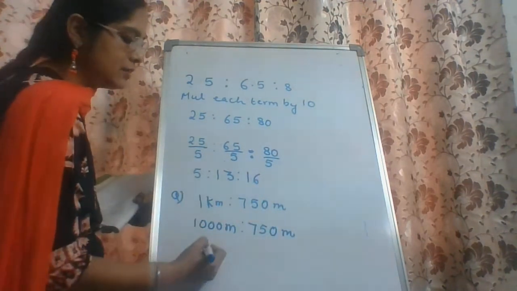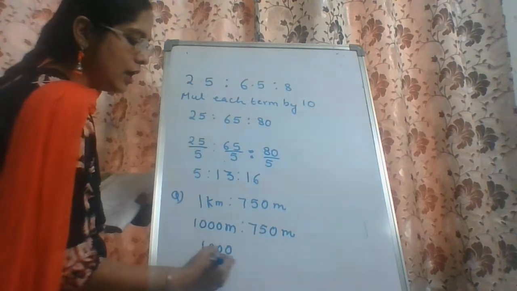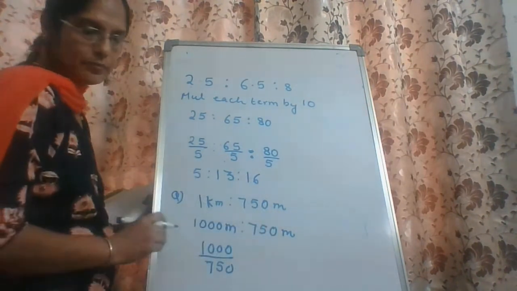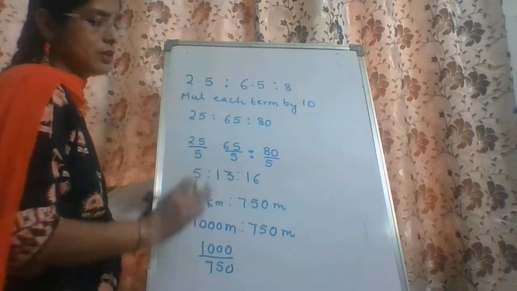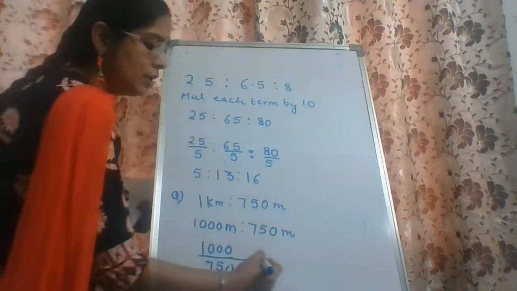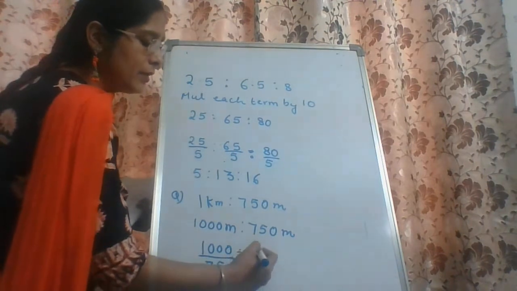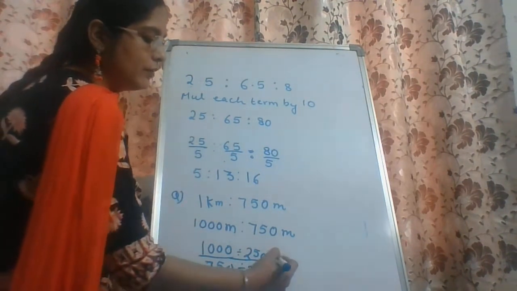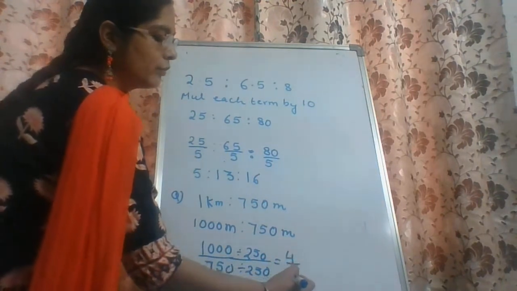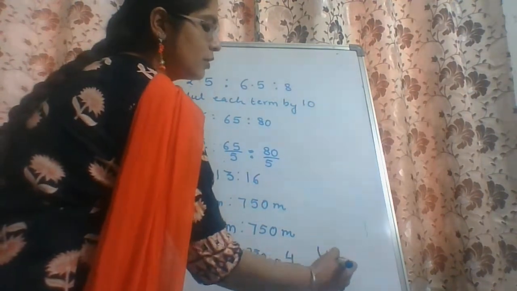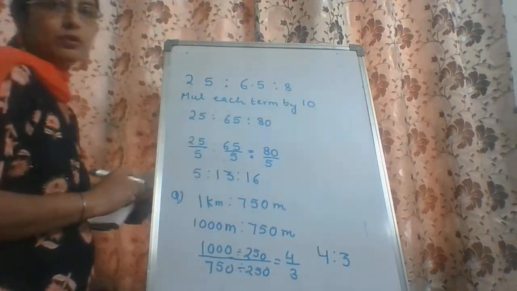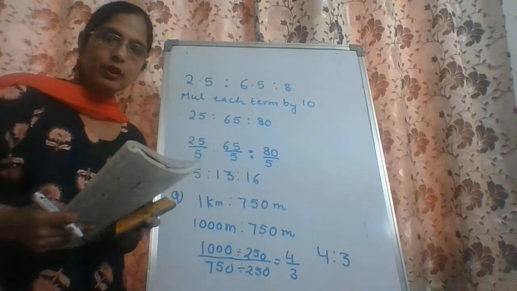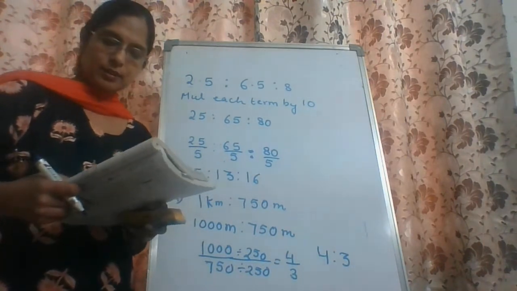I can write it as 1000 upon 750, removing the unit because the unit is same now. I can write it as 1000 is to 750 directly also. Now I can divide it by 250, which I will get as 4 upon 3. I can write it as 4 is to 3. So if units are different, first convert it into same unit and then bring it to the simplest form.